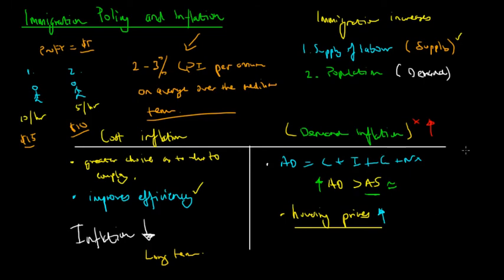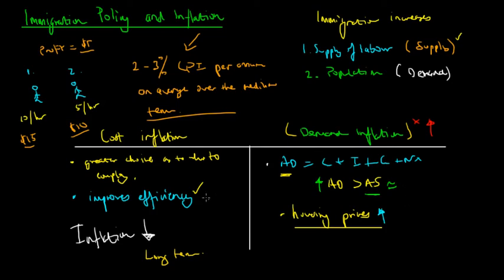So as a result, in the short run, we can see that immigration policy, although it improves the supply of labour, concurrently the population size has increased, and as a result aggregate demand would increase, and demand inflation will occur in the short run if aggregate supply is unable to keep up with it.